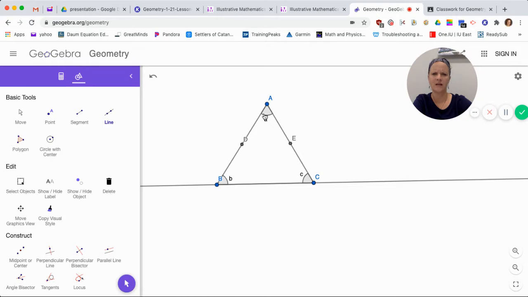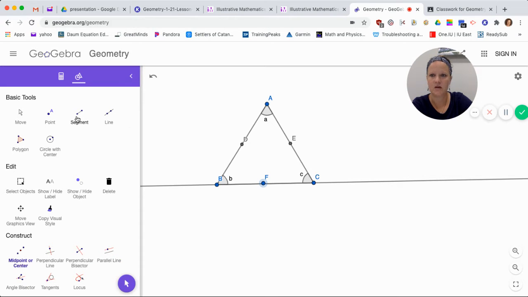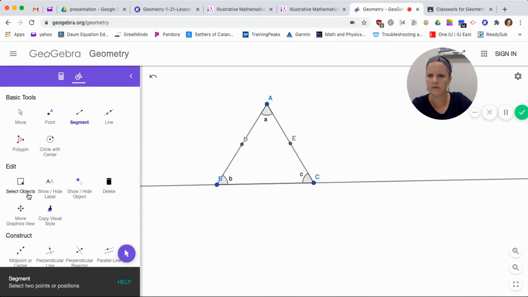So I need to rotate it through a center. Okay, so I'm actually going to draw construction. Get out of that. I need another midpoint. Okay, so I'm going to draw a little construction line. Oh, that went away.